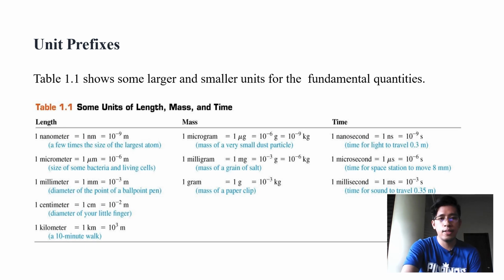For mass, you have your microgram, which is equal to 10 to the negative 9 of a kilogram. You have a milligram, which is equal to 10 to the negative 6 of a kilogram. For time, we have 1 nanosecond, which is equal to 10 to the negative 9 of a second. Millisecond, 1 millisecond or 1 ms, is equal to 10 to the negative 3 of a second.